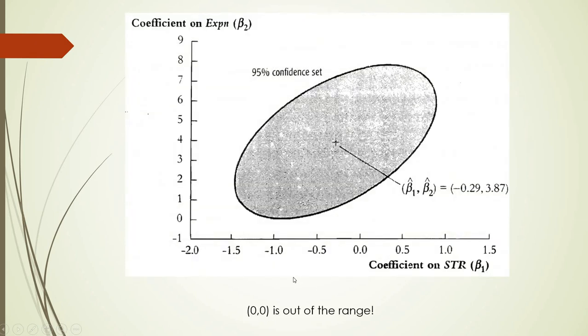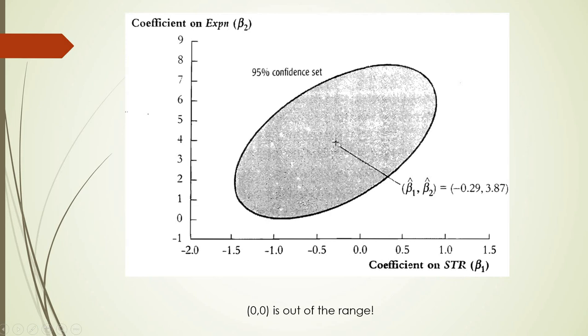And now if you want to test it, we will actually get this ellipse showing us where the true value of our beta coefficients is if they are crossed. So these are values for the coefficient on student-teacher ratio, beta 1. These are the values for the coefficient beta 2 for expenditure.